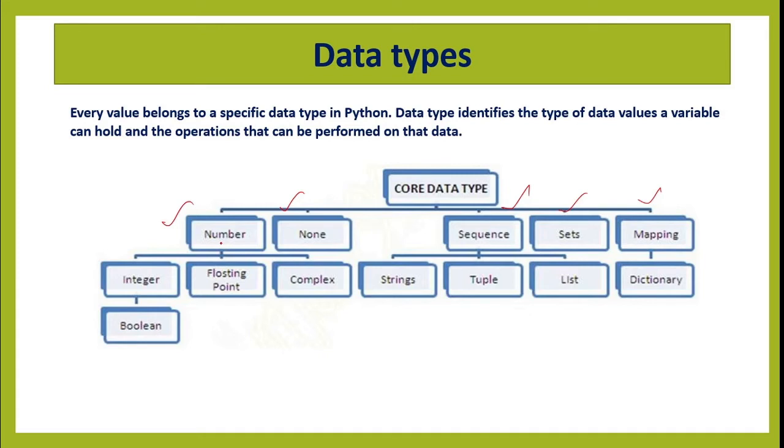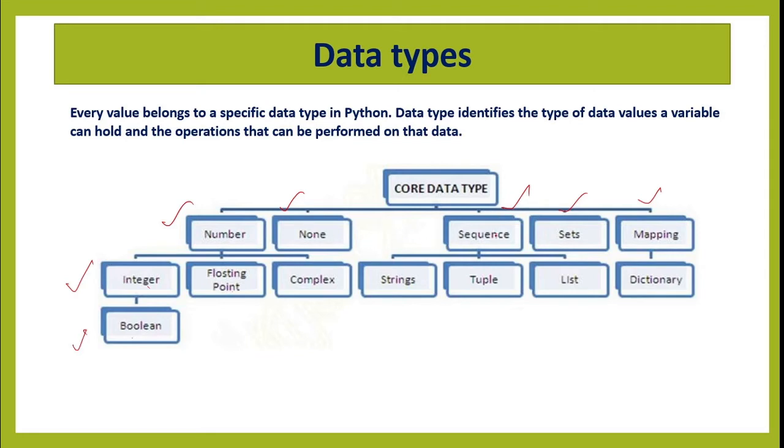The data type number is divided into 3 categories: integer, floating point and complex. Then Boolean is the subtype of integer. Then no division in the none type.